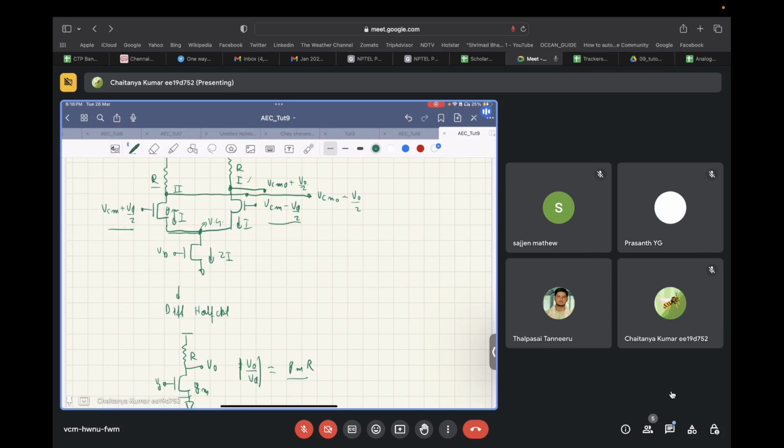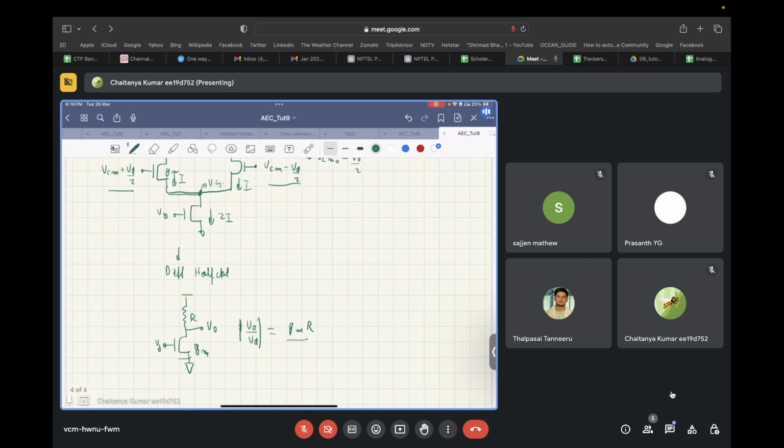Now, once we have this gain in the differential half circuit, can you help me solve the common mode half circuit?